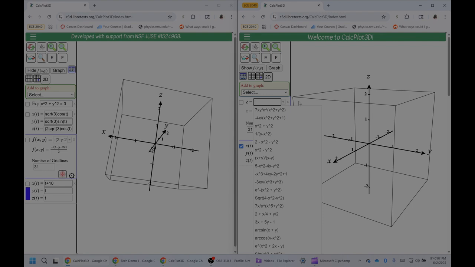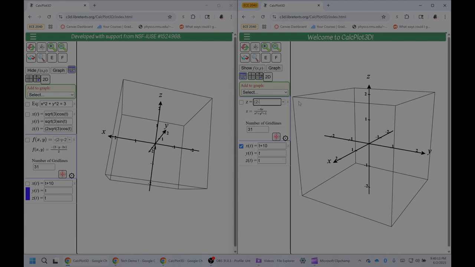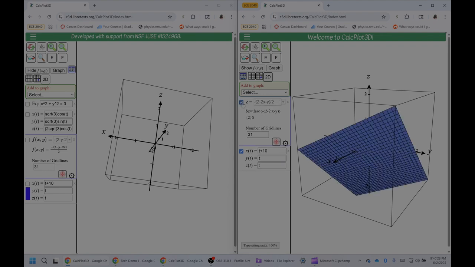So if it's 2x plus y minus 2z equals 2, then we'll just do 2 minus 2x minus y, because we subtract everything to the other side. And then we divide by -2 to get z by itself. And then when we draw it, boom, we get the plane.